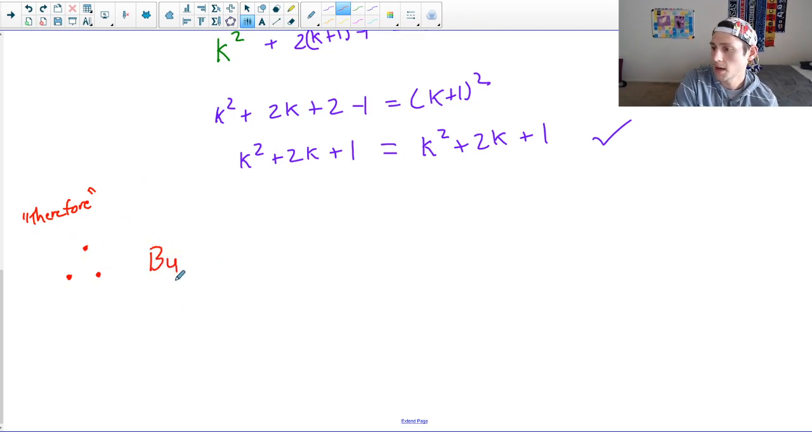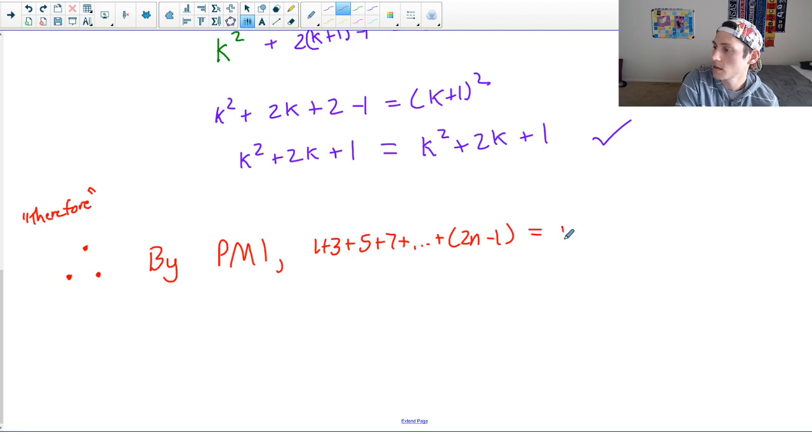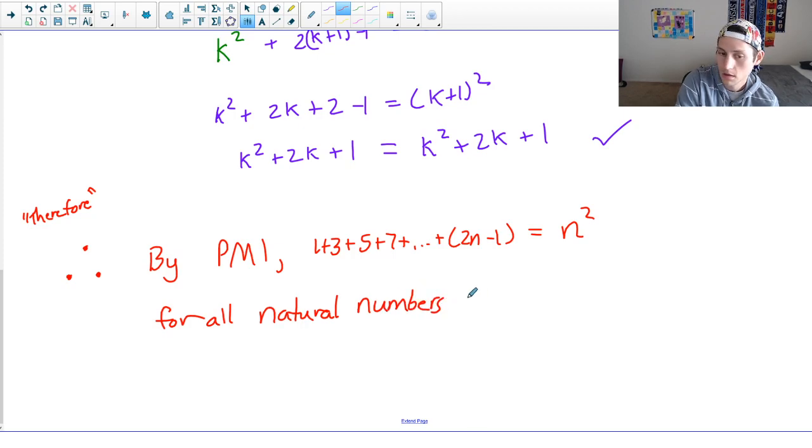So we'll say by the principle of mathematical induction, or PMI, because I'm too lazy to write that out, then our equation, 1 plus 3 plus 5 plus 7 plus all the way up to 2n minus 1, is equal to n squared. And we have proved that for all natural numbers n.